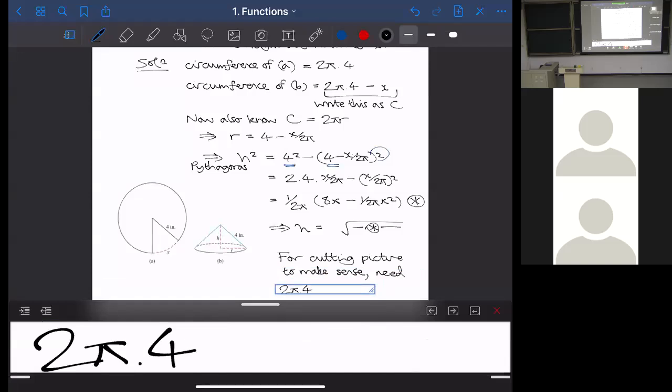So we need 2 pi times (4 minus x) to be positive.